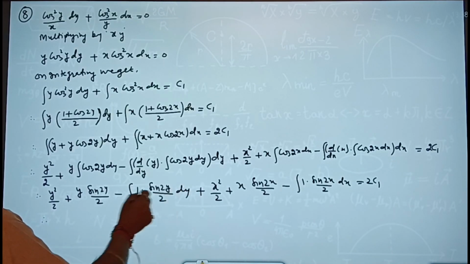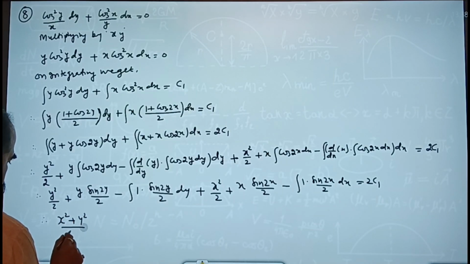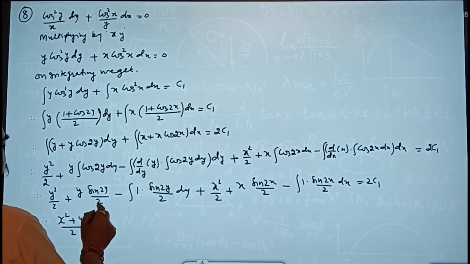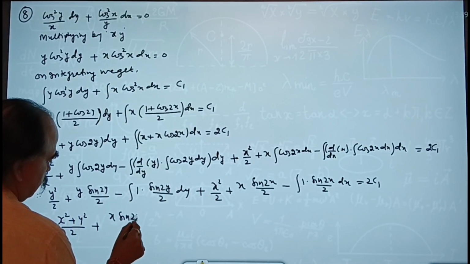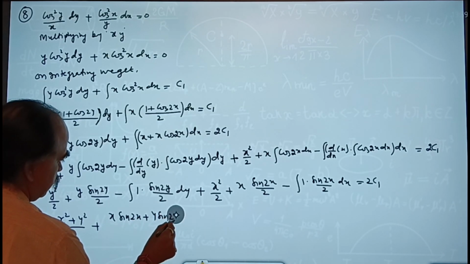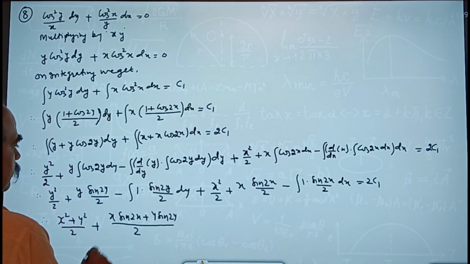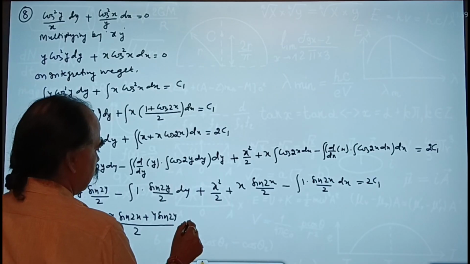We can take x square by 2 plus y square by 2 together. Plus x sin 2x, y sin 2y divided by 2, minus 1 by 2 will come outside.